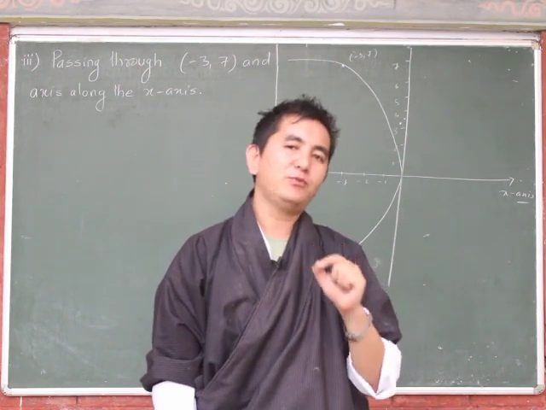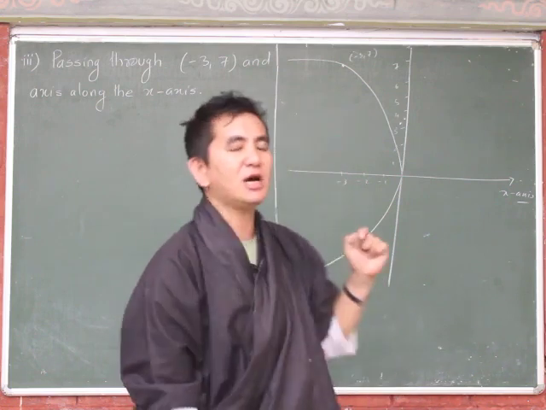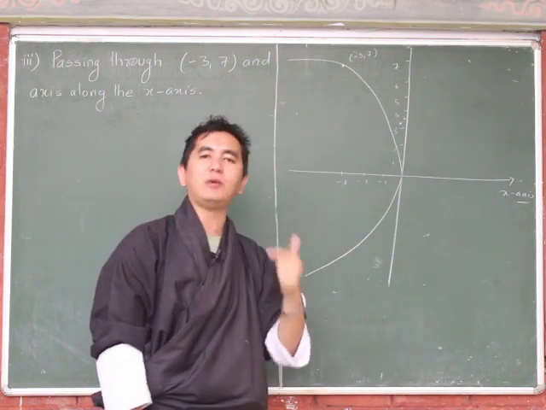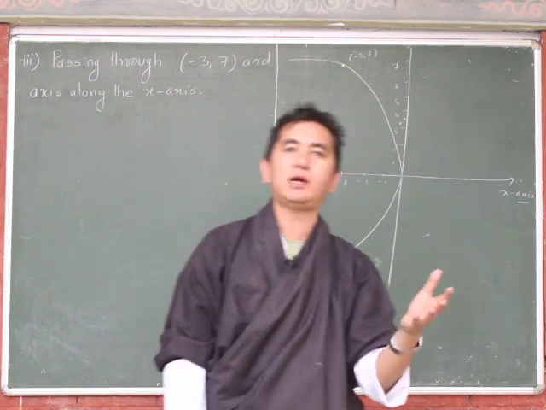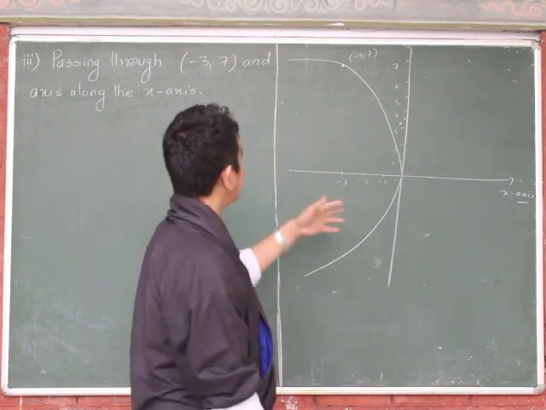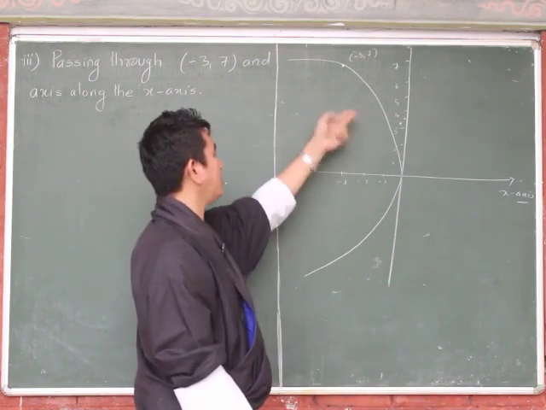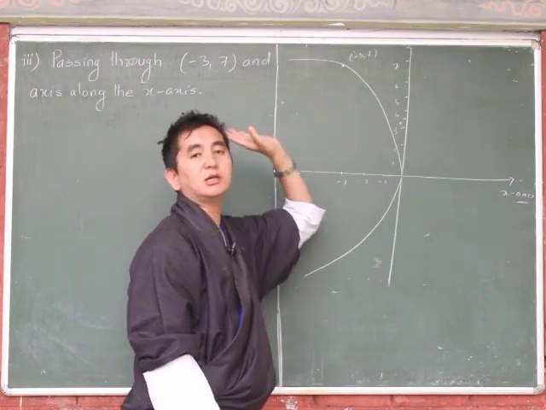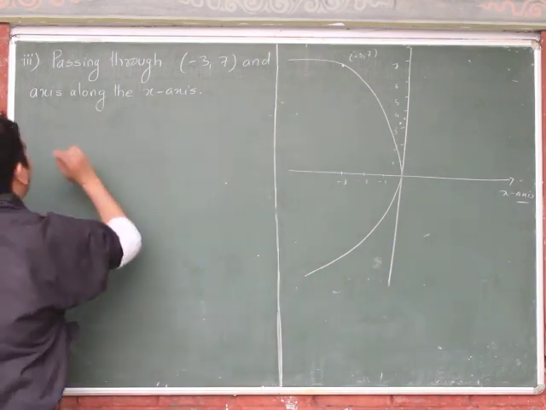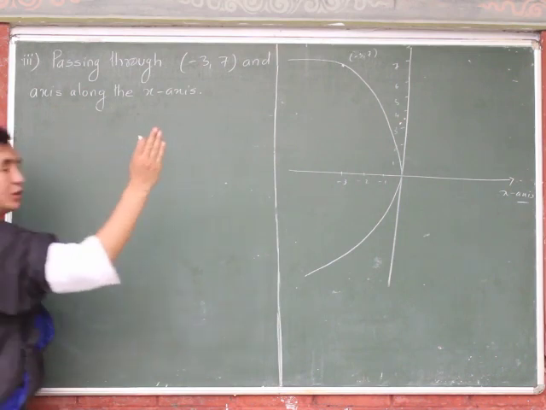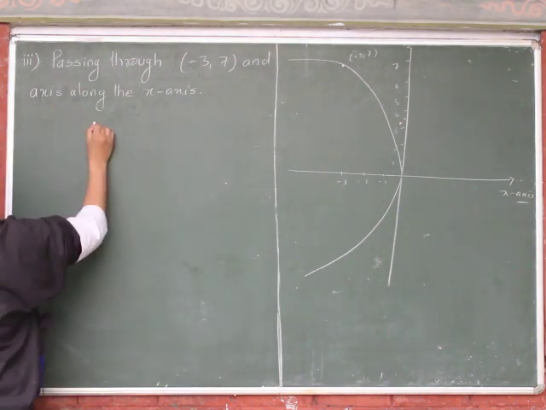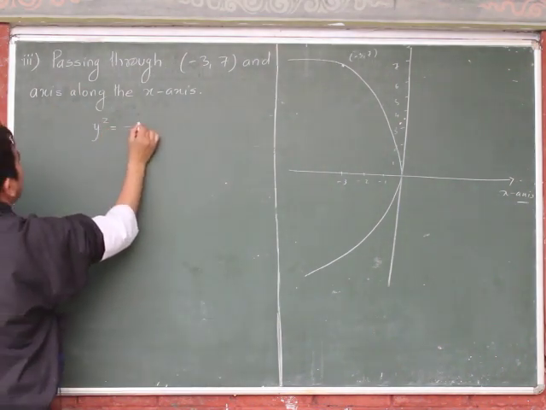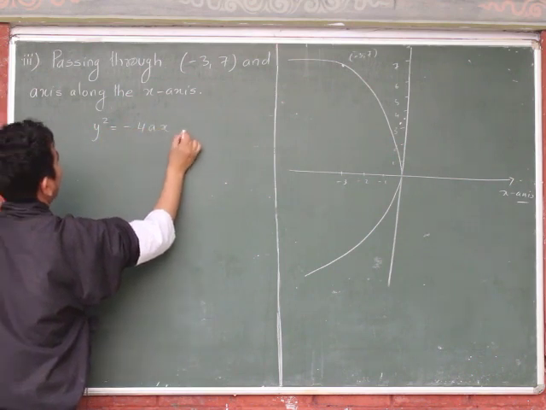If you have only memorized, then here it will be a little bit difficult. You won't be able to find out whether it's concave right or concave left, up or down. If you understand the concept, then you will understand that this is concave left. If this is concave left, we know the standard form of the equation of a concave left parabola: y square is equal to negative 4ax.